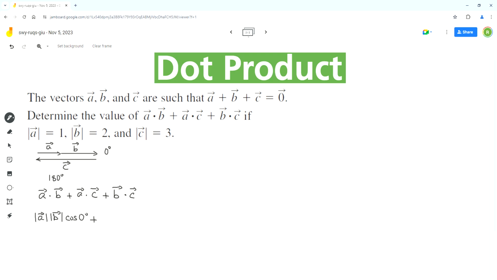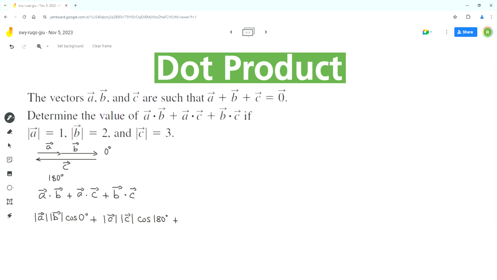Now we can use the dot product equation for vectors A and C. For vectors A and C, we are using 180 degrees because that's the angle between vectors A and C, because they are pointing in opposite direction.